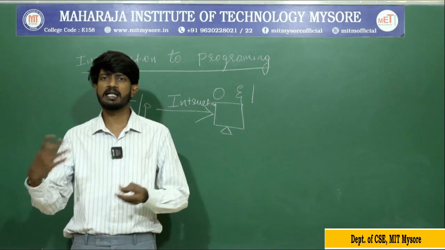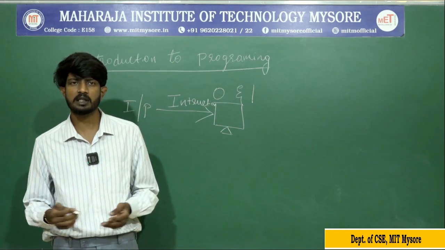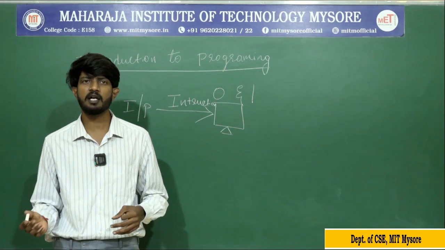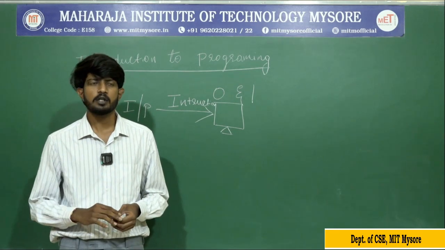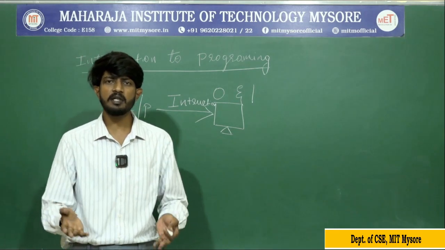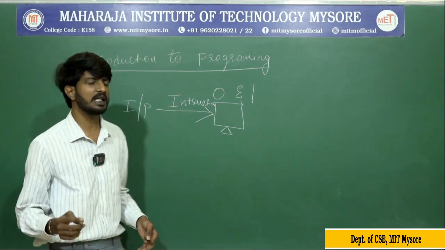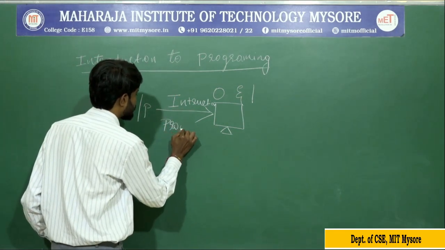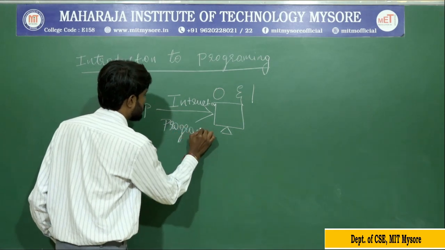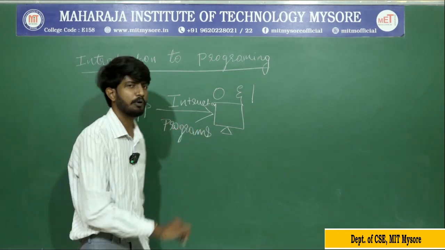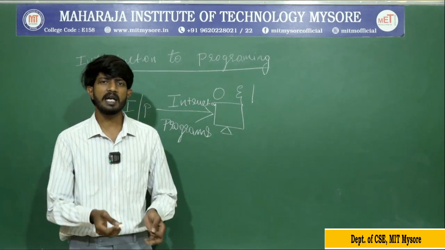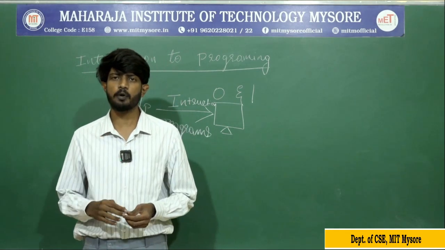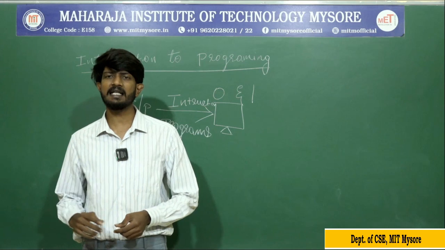Tasks may be an addition of two numbers or a multiplication or a division or shifting or like button click events. So for this he needs to give the instructions. Instructions are nothing but programs. So these programs are given as instructions to the computer to perform certain tasks.